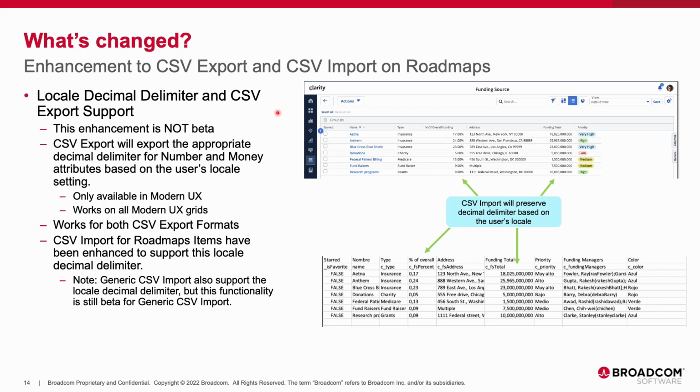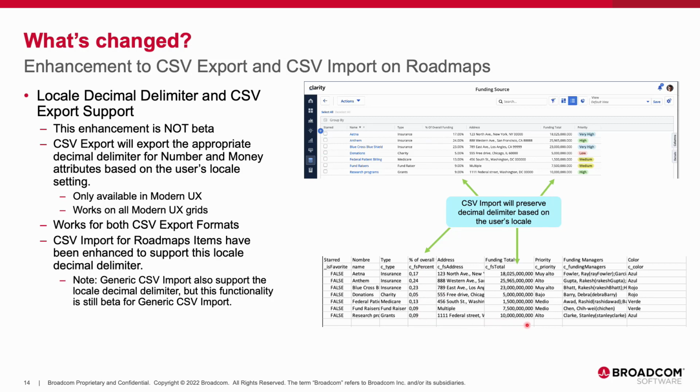As part of this enhancement, if you have decimals inside your grid, based on your locale, it will export that appropriately in the CSV file. Here's how it is in the grid, and this is how it's exported.